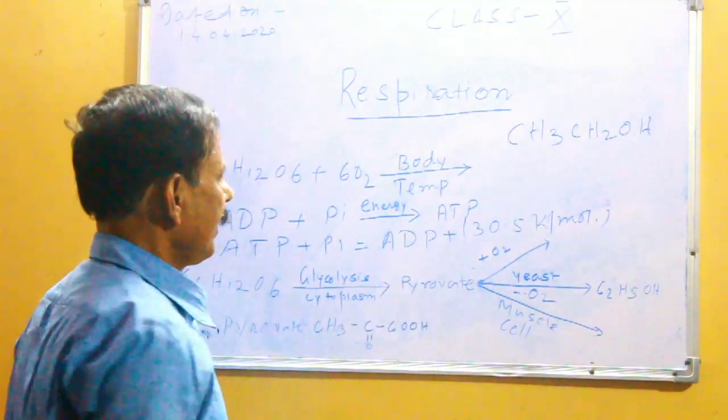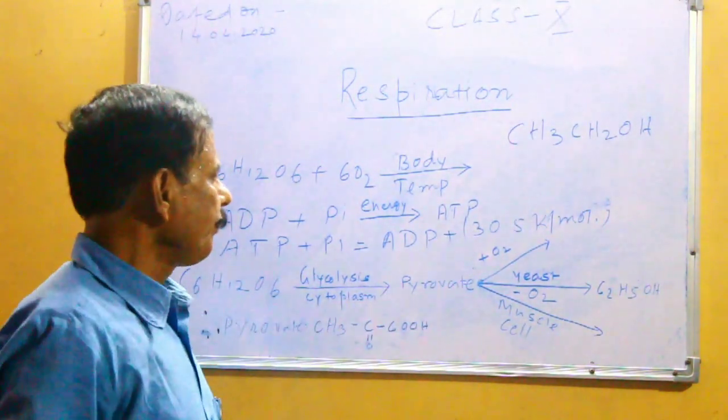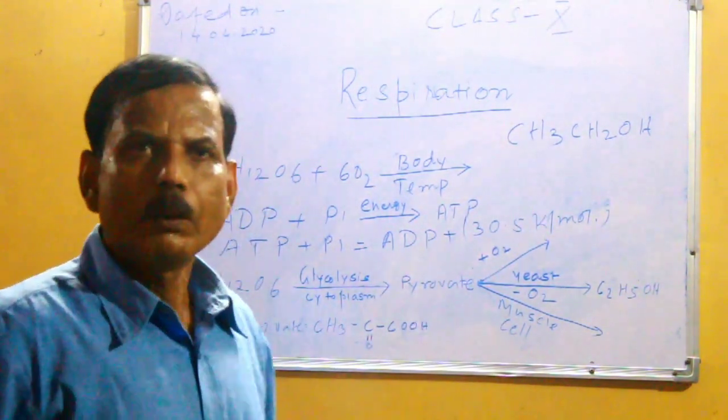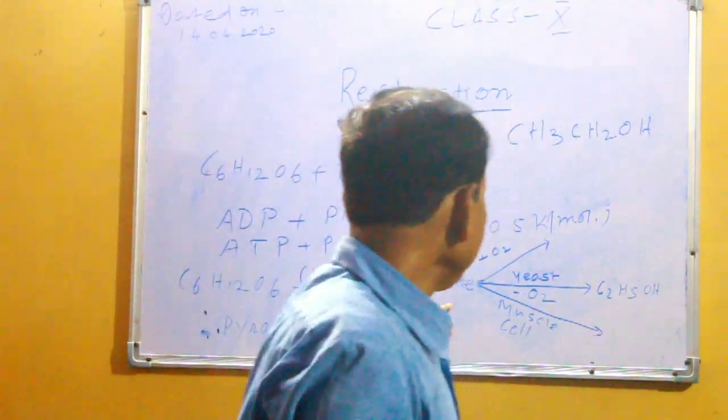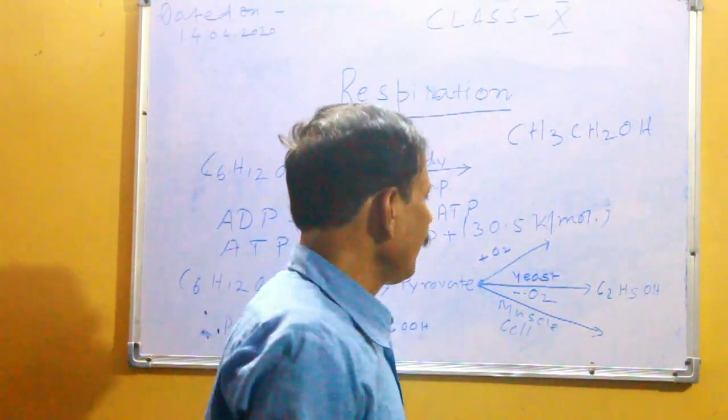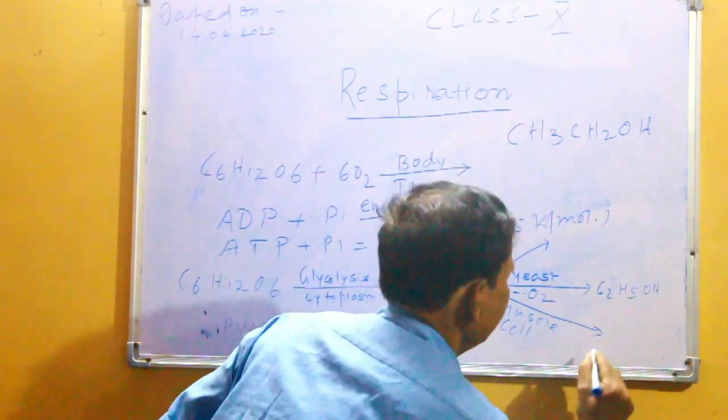And in the third case, pyruvate again changes in our muscle cells into lactic acid.